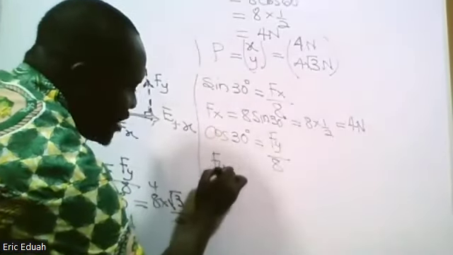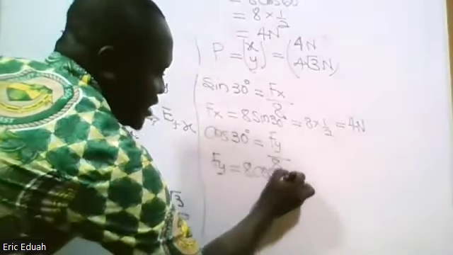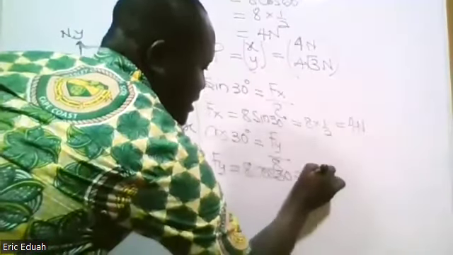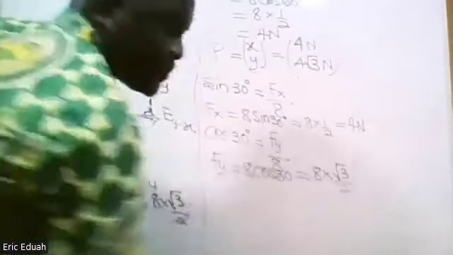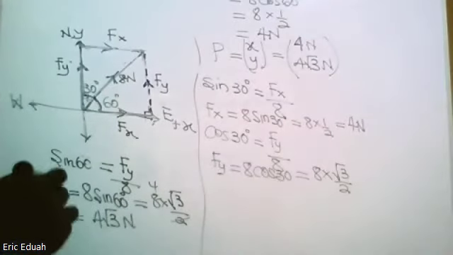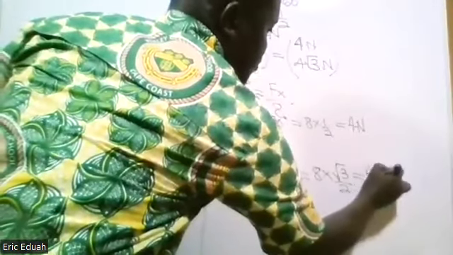Fy is equal to 8 times cos 30, which is equal to 8 times root of 3 on 2. 8 times root of 3 on 2 is equal to 4 root 3 Newton.